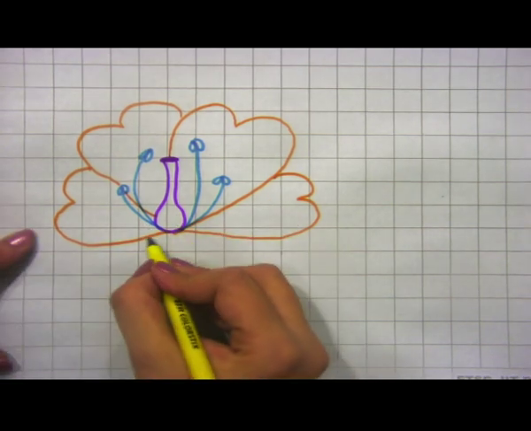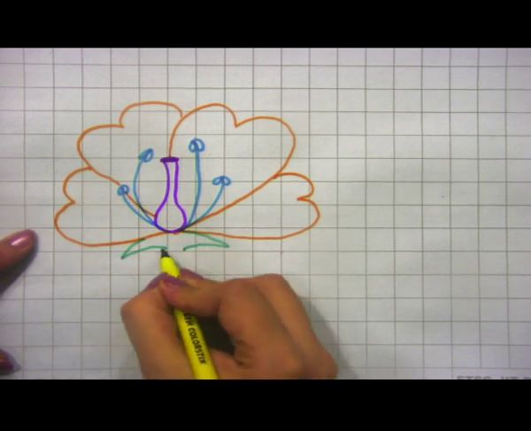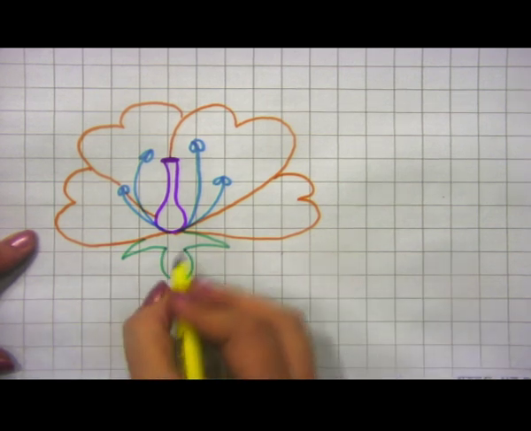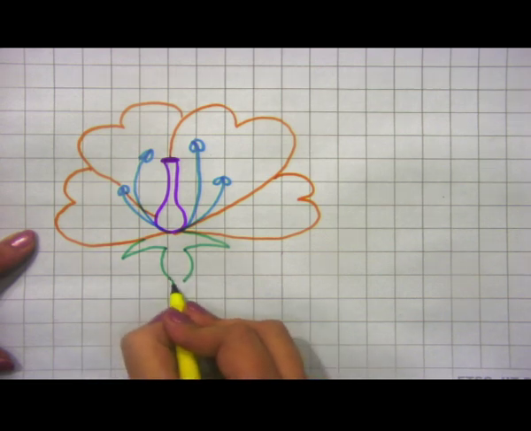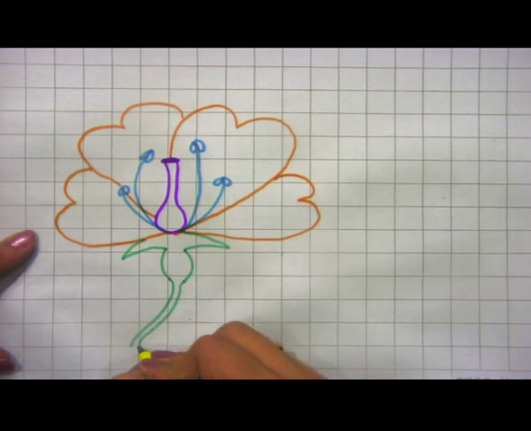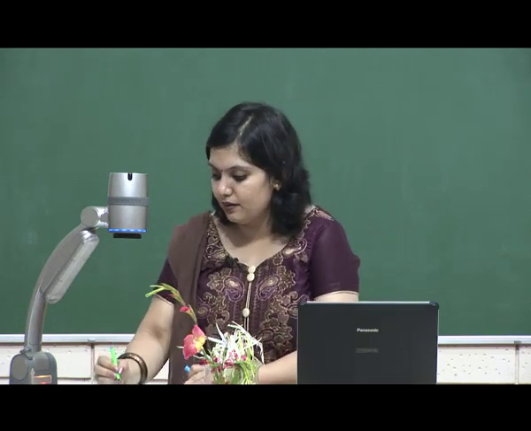Can you name the next whorl? Yes, you are right, it is the calyx. So, this was the calyx, and the flower sits on the thalamus, and thalamus is formed in the continuation of a pedicel. So, here we have easily drawn an angiospermic flower. Let us label it quickly.